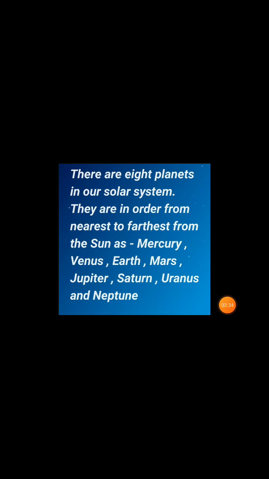There are 8 planets in our solar system. They are in order from nearest to farthest from the sun, like Mercury, Venus, Earth, Mars, Jupiter, Saturn, Uranus and Neptune.